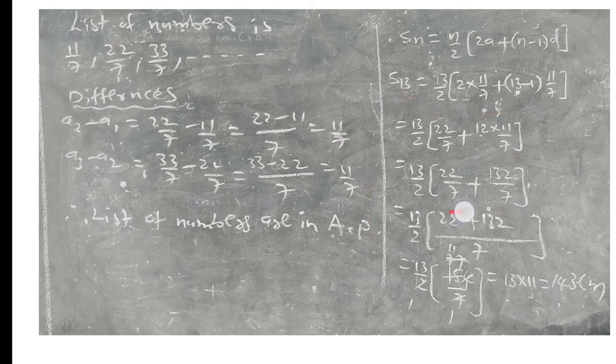Now the denominators are the same, so the LCM will be 7. Then add the numerators as they are, 22 plus 132. So 22 plus 132 is 154 by 7, and its simplification is 143 centimeters. So the length of 13 semicircles is 143 centimeters.